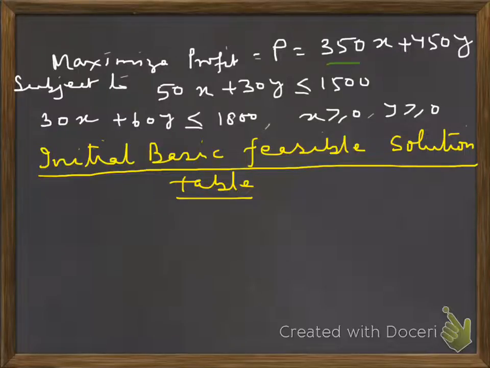So first we rewrite our linear program. The objective function, we will try to have an expression for it and we write P, bring right hand side values of the objective function on the left hand side.